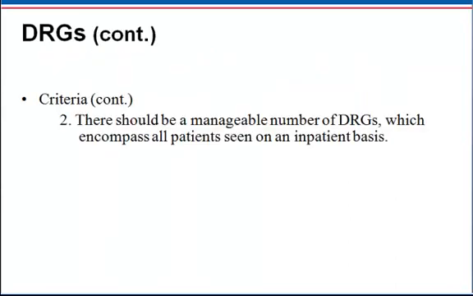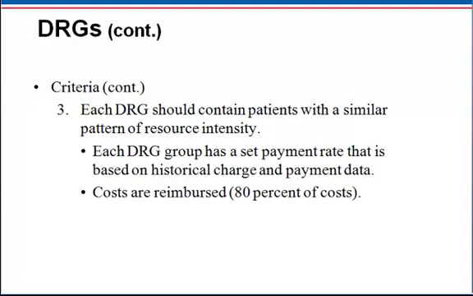Criteria 2, there should be a manageable number of DRGs, which would encompass all patients seen on an inpatient basis. Criteria 3 is each DRG should contain patients with a similar pattern of resource intensity. So each DRG group has a set payment rate that's based on the history of charges and payments received.